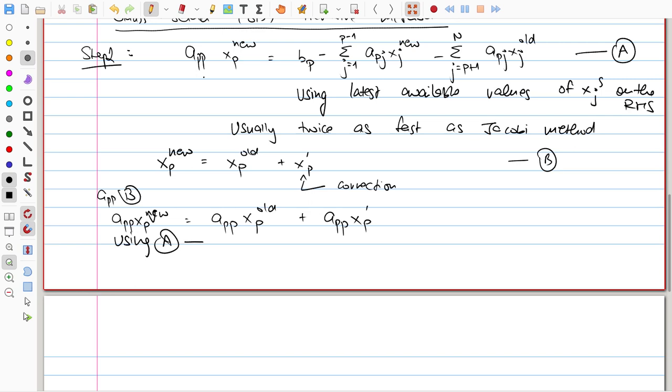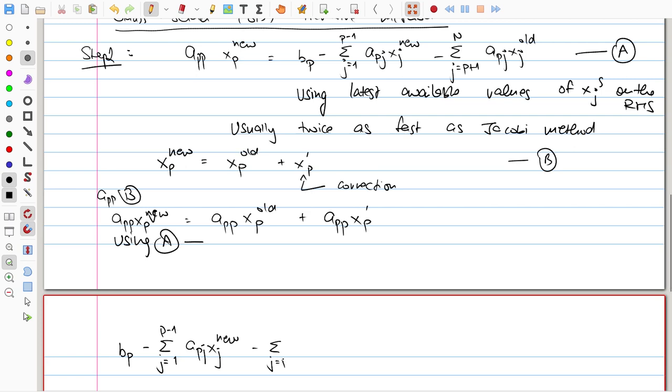So APP times XP new is BP minus summation j equals 1 to p minus 1 of the updated new values, and then we have summation going from j equal to p plus 1 to n of the old values.